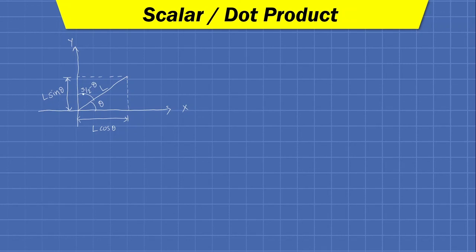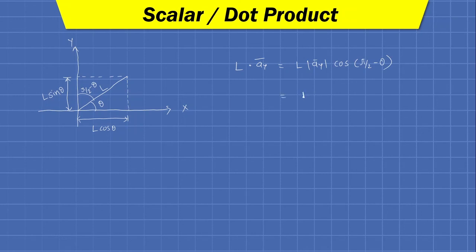If this angle is pi by 2 minus theta, then this component is nothing but L dot ay bar, and L dot ay bar will turn out to be L modulus of ay bar cos of pi by 2 minus theta.